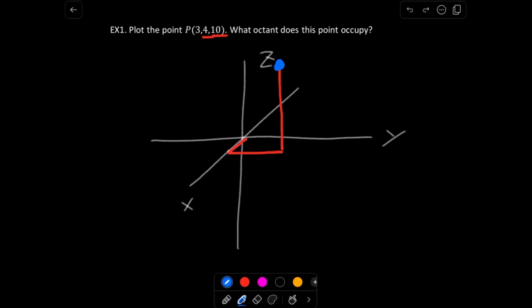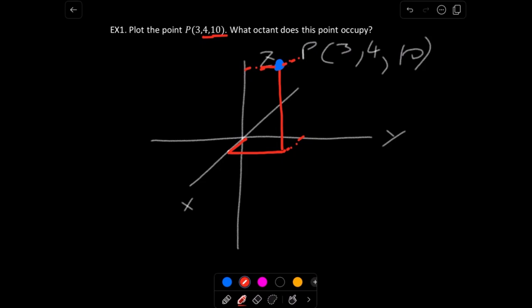It actually gives it some depth. You can make little sketches if you want to, just to give it depth. So here is the point P, 3, 4, and 10. Now that you can see the depth of this point, let's give it some more depth, so it's got depth away from the zy surface.